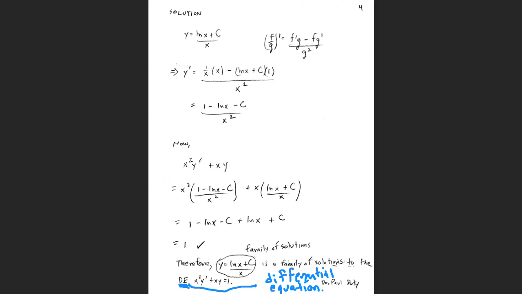All right, well, let's say we have this family of solutions, and we want the solution that's going to satisfy the initial condition that when x equals 2, y equals 1.